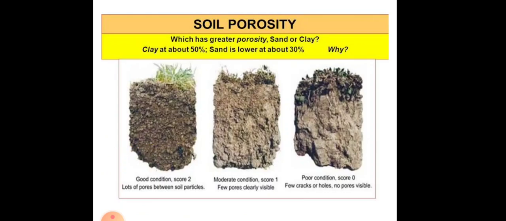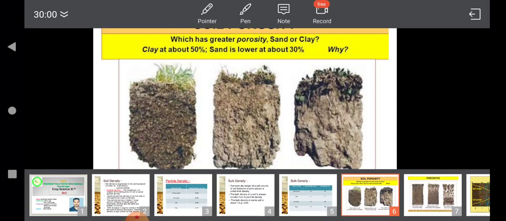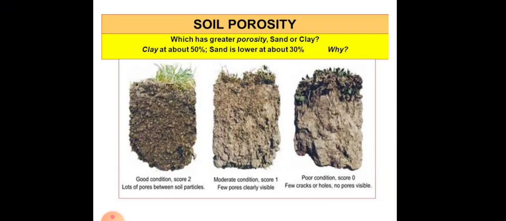Then another physical property is soil porosity. Soil porosity also depends upon the structure as well as the texture of the soil. We know that soil has spaces between the solid particles which are occupied by water as well as air, and the amount of water and air present in these pore spaces varies depending upon their proportion.